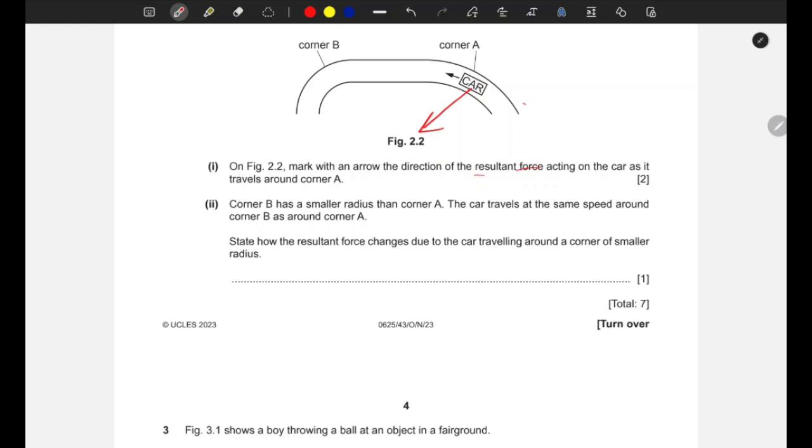So on the diagram we can see that at corner A the turn is smoother than at corner B. Because corner B has a sharp turn, and the car is traveling at the same speed, when turning at corner B there would be a higher force towards the center. So we can say the force increases.